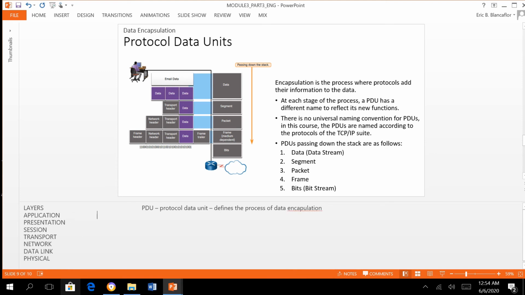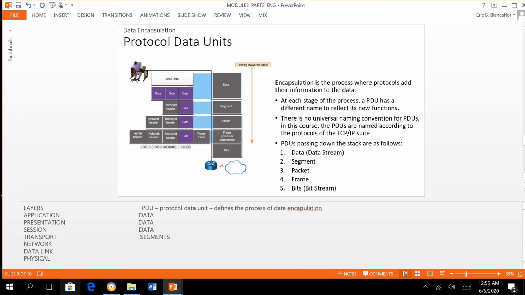When data is to be transmitted, in the application, presentation, and session layers, it is still in the form of data. But when it falls on the transport layer, it becomes a segment. Okay?